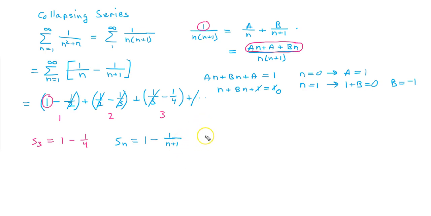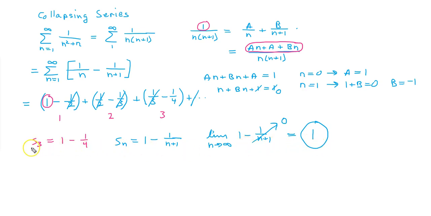And so what we have then is the limit as n goes to infinity of our nth partial sum. That's going to be 1 minus 1 over n plus 1. Well, you notice this term just goes to 0, and we end up with 1. And so that's what this series sums to, because the limit as n goes to infinity of your nth partial sum is 1.